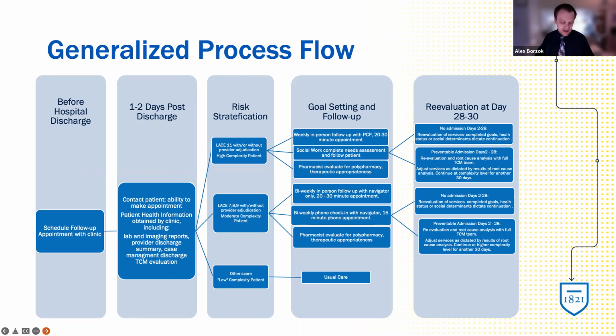And then 30 days after discharge, they're going to reevaluate, because we're really focusing on no readmissions within the 30 days of discharge time period. So at days 28 through 30, we're going to reevaluate this patient and see, do they still need to maintain this level of intensity of services, or can they be changed, or can they be taken away completely?